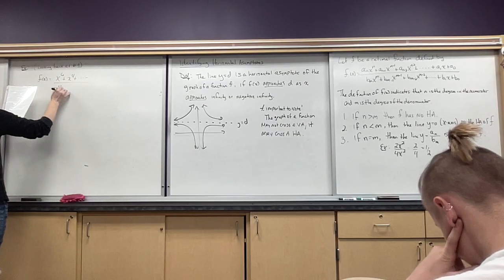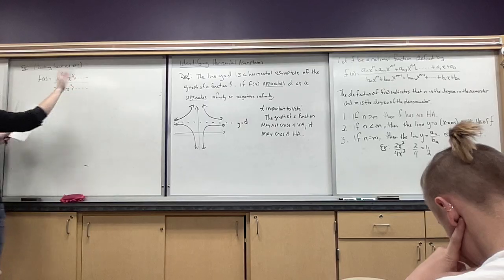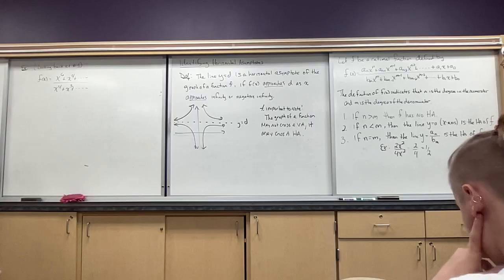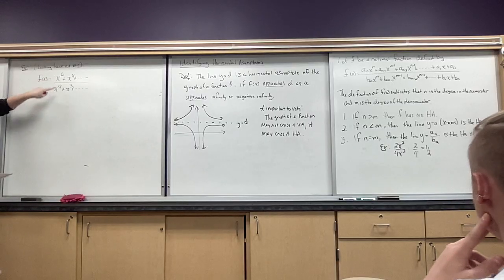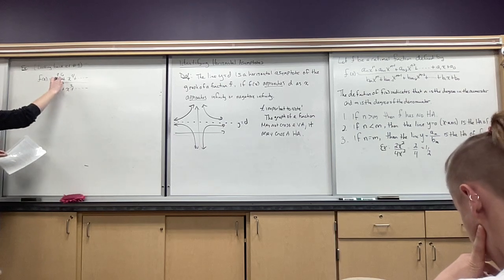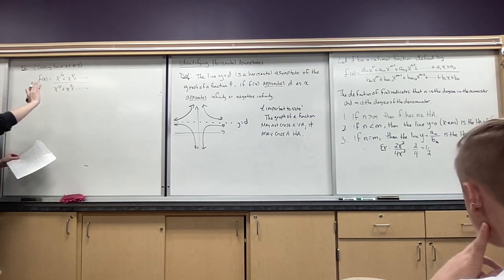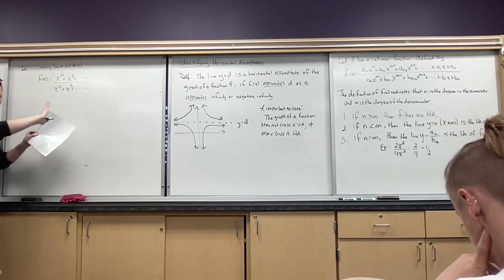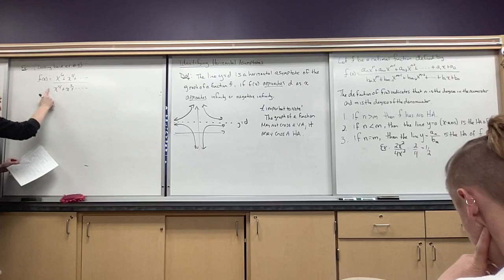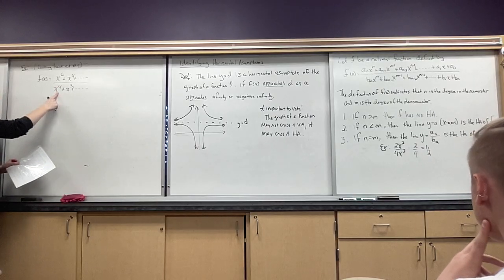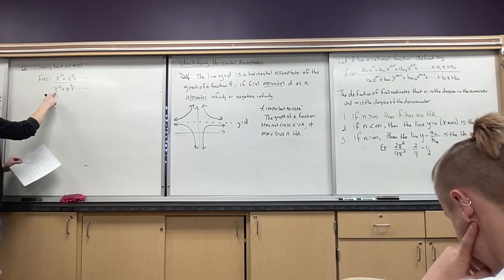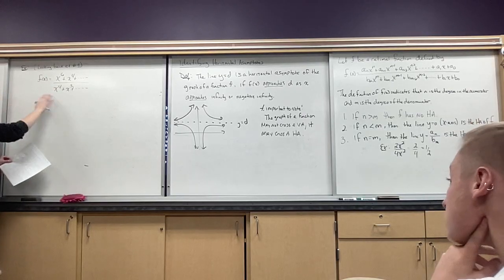On the bottom, you get x to the 4th plus x cubed plus, again, I don't care what the rest of it is. Looking at the largest powers, x to the 6th, x to the 4th, I can see that this is larger than this one, right? The degrees are. So what you're going to do is ignore the rest, and the reason why we're not focusing on that is because, just like when I taught you about end behaviors, this is going to dictate what the graph is going to do because it has the largest power. So as x is 1,000, a million, this is the term that's going to have the most effect. Same thing with x to the 6. So I'm only worried about these two.